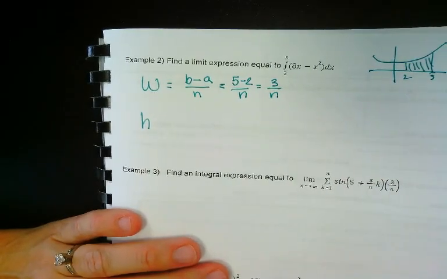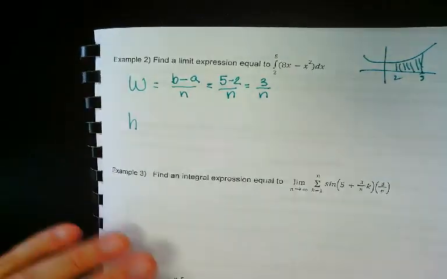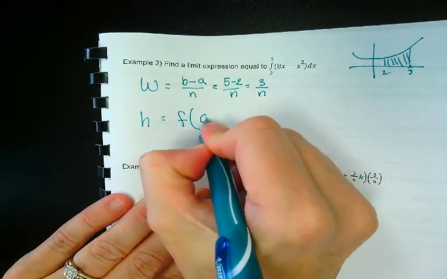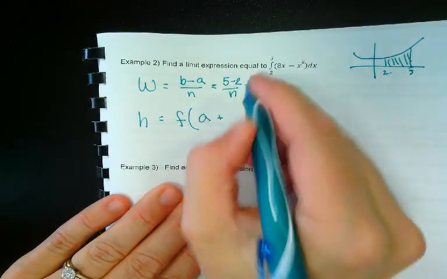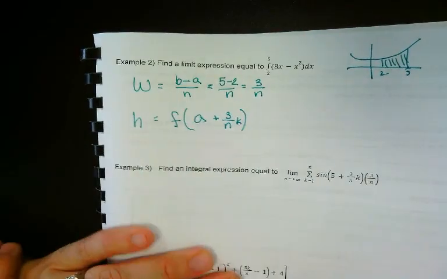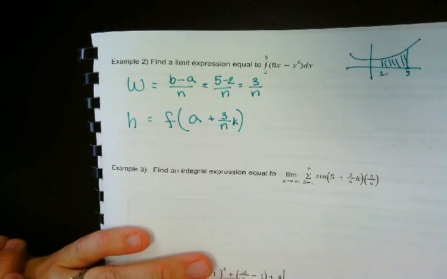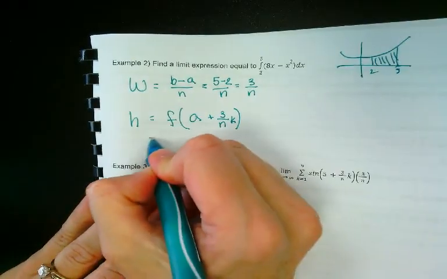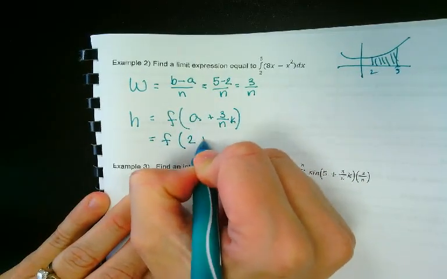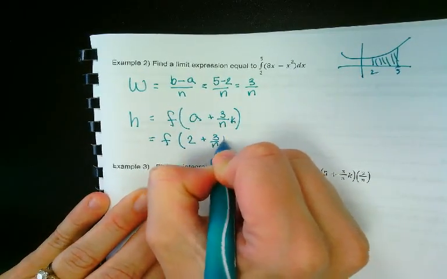So getting the width is fairly simple, would you agree? Now the height, you just have to memorize that rule. The height is f of a plus the b minus a over n, which you just found, times k. And who is a in our case? 2. So 2 plus 3 over n times k.